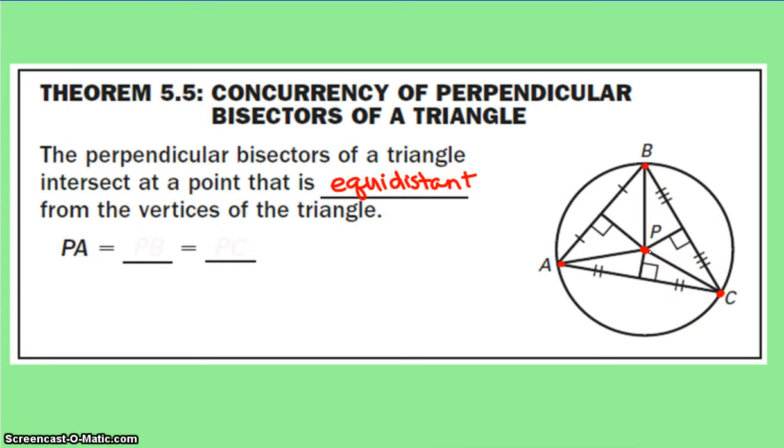So now do you understand why the perpendicular bisectors create a circumcenter? Because that center is the center of a circle that is circumscribed around the triangle, meaning that it touches all the vertices and is equidistant from the circumcenter. Alright, so PA, PB, and PC must be all of equal length.